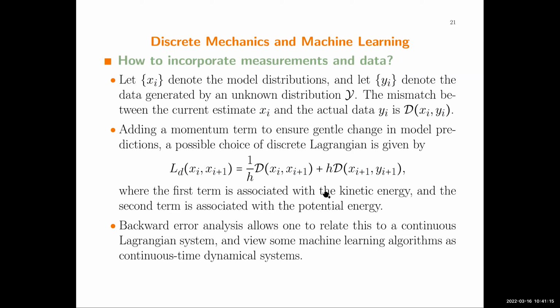I guess I'm curious. So if I fix xi and minimize with respect to xi plus 1, would this reduce to Bayes' rule? If xi is the prior PDF and yi is the log likelihood of the data, and xi plus 1 is the posterior, if I minimize this over xi, would I get exactly the Bayes' rule equation?